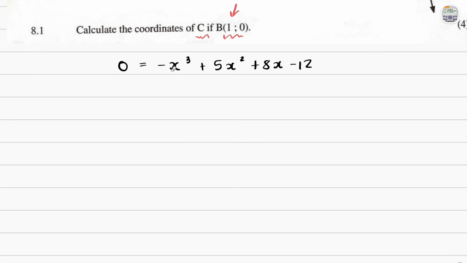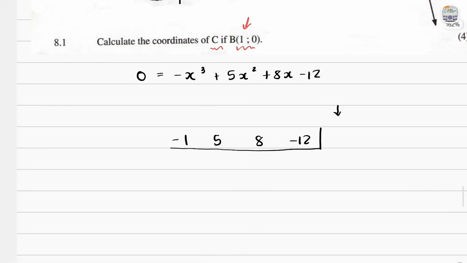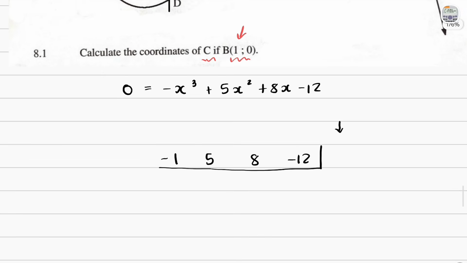So here, the coefficient of x cubed is negative 1, and then we have positive 5, positive 8, and negative 12. And around these, we're going to draw an L backwards. Now, the number that goes here is that value that when substituted into your equation, it gives you 0. And we already know what this value is. We don't have to search for it.